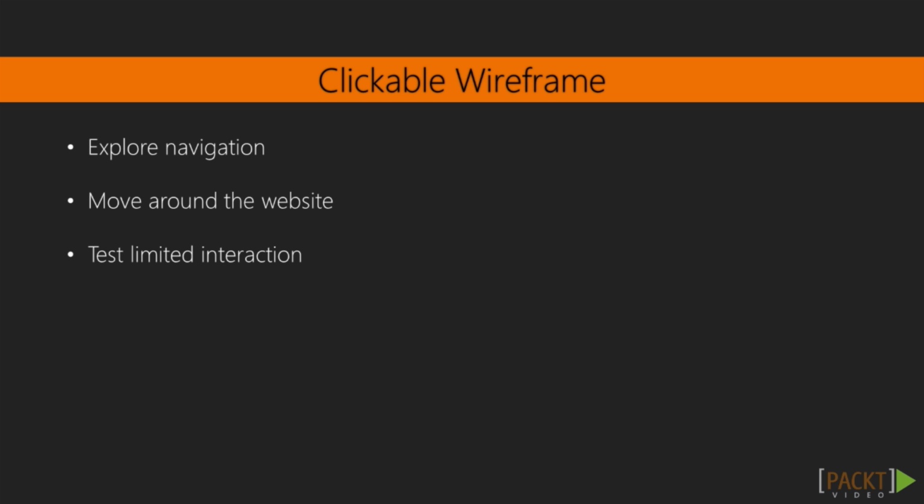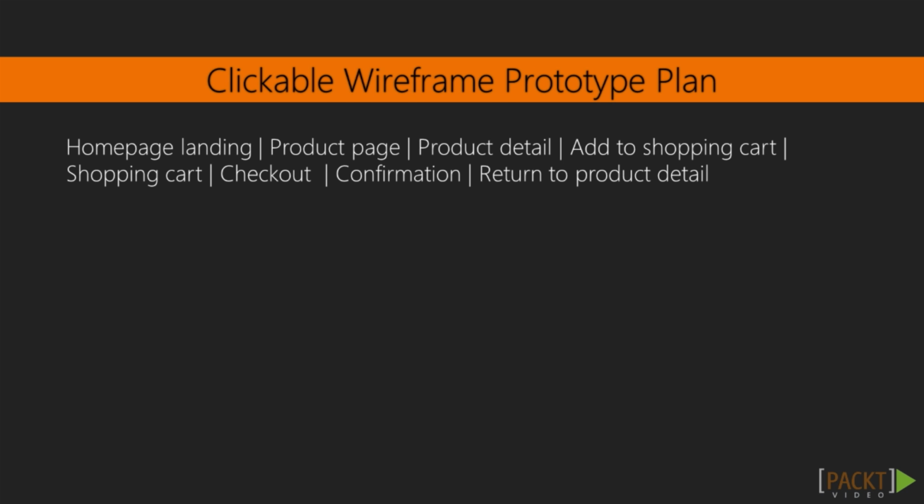For our convenience, we are going to build a clickable wireframe prototype that allows us to move through the pages we have wireframed to test our system. Let's open up our wireframe project. All the responsive pages are laid out in a grid. We need to plan out a flow through the website we then will build for our clickable prototype.